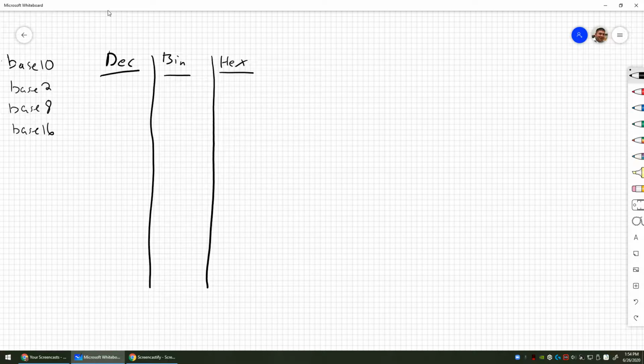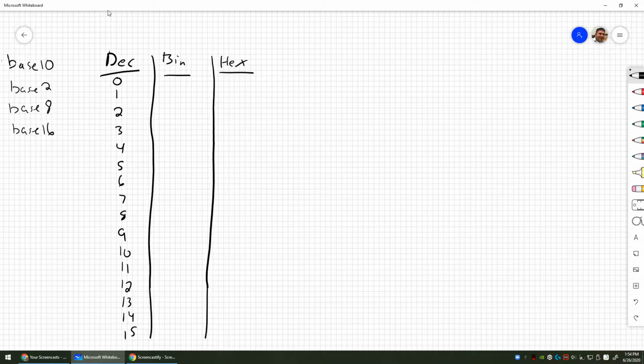Here's what this chart looks like. We're going to go from 0 to 15 with decimal. Let's see here. Try to make this as clean as possible. Just got this writing tablet, so I'm getting used to it.